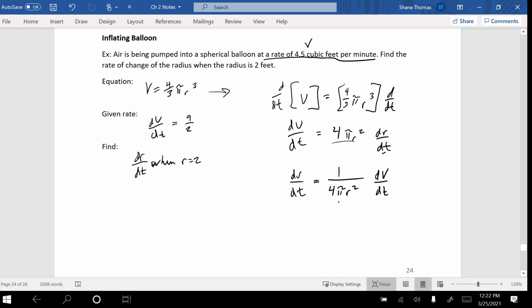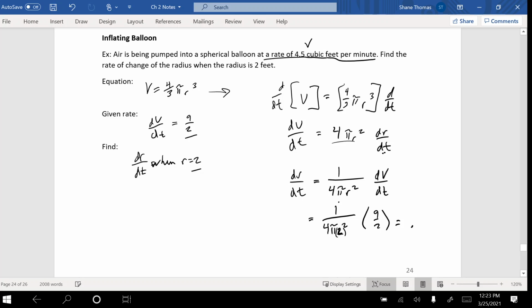All right, now I'm almost there. Do I know my radius? Yeah, I know my radius is going to be 2. I know dV/dt is 9/2. So let's plug in what we know. That's going to be equal to 1/(4 pi r squared), and I can put in 2 for r, times 9/2. Now I put that in a calculator.